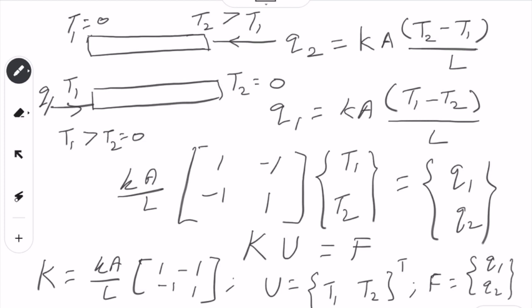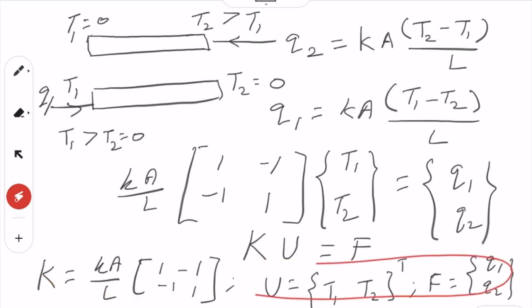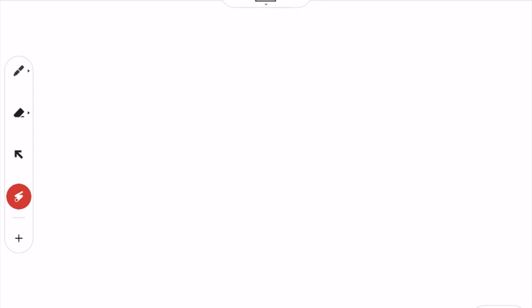So this is what we got. Once we have this, you know what to do. If you have a complicated problem, you can now apply it, assemble it, and go from there. Now we have this formulation, so you can solve any problem.